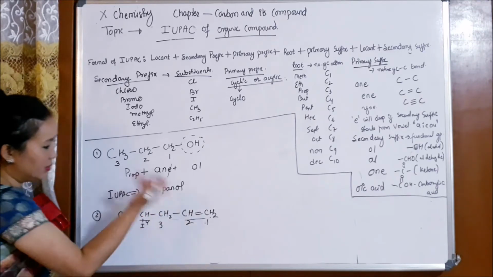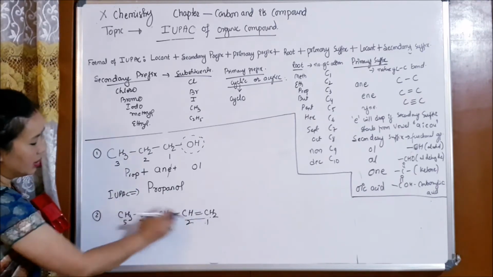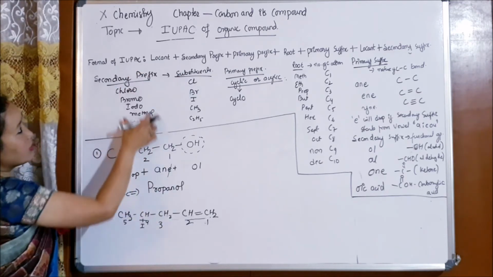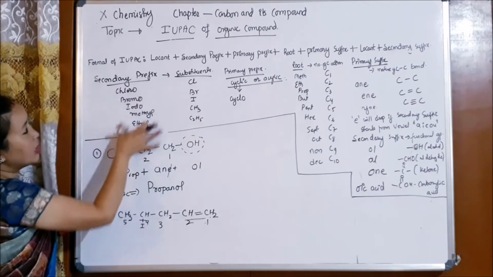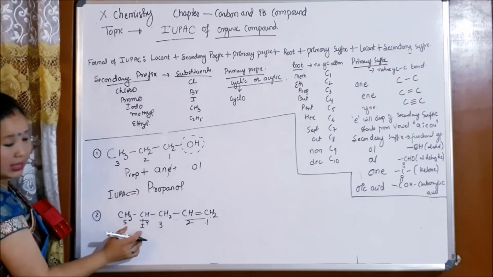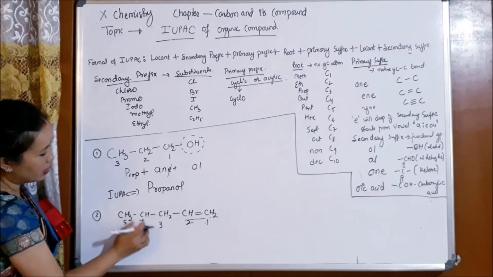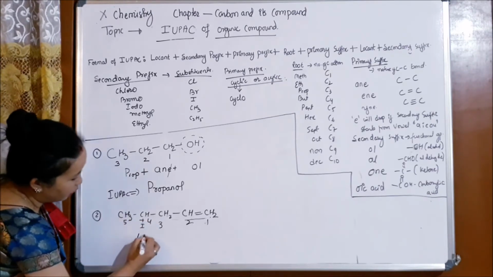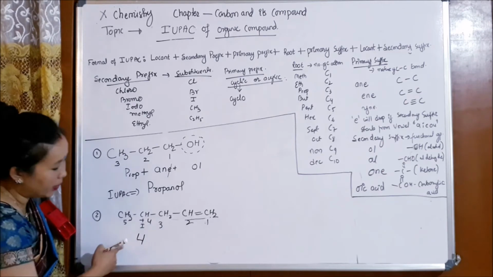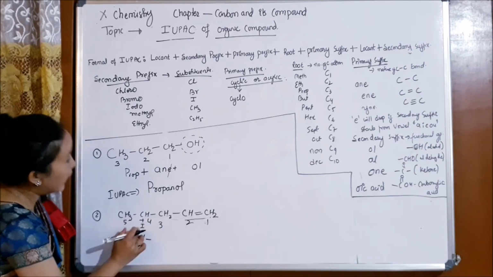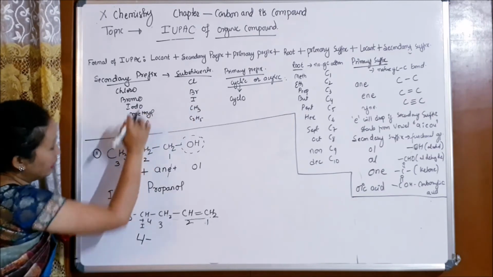Okay, now write down the name. First is the locant and the substituent. Here I is the substituent. What is I? Iodo. And what is its position? 4. So we'll write 4, and after the number, every time you need to put a hyphen. 4-iodo.